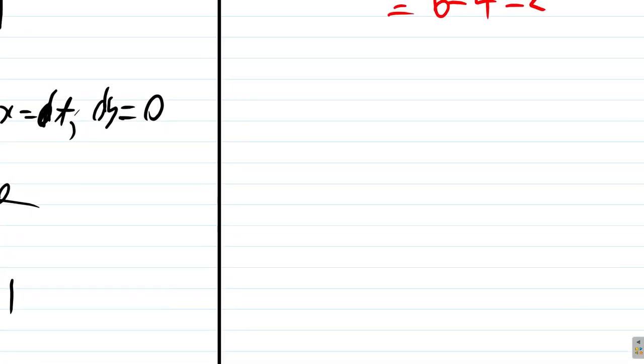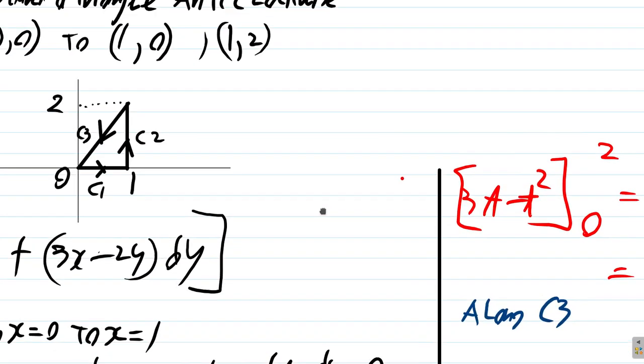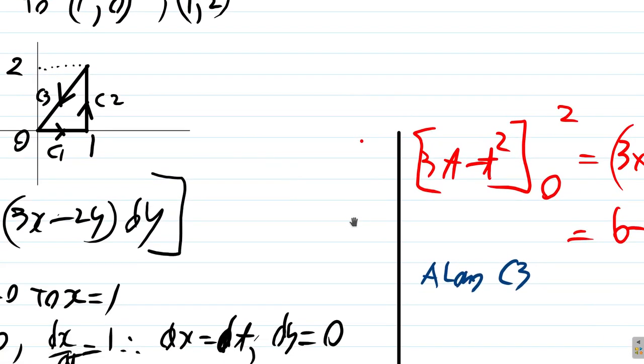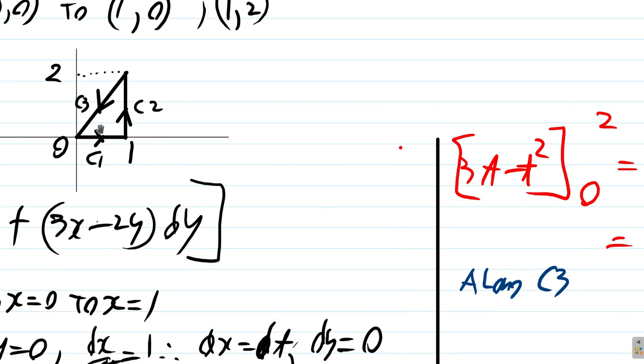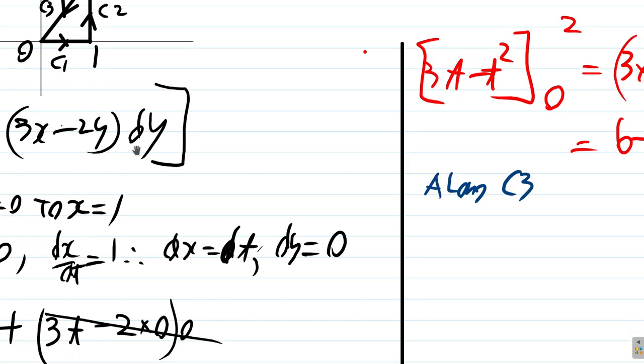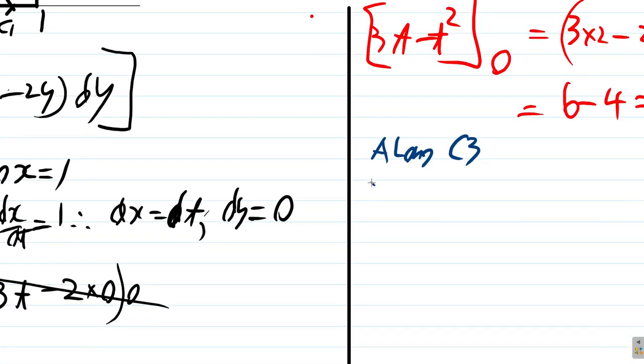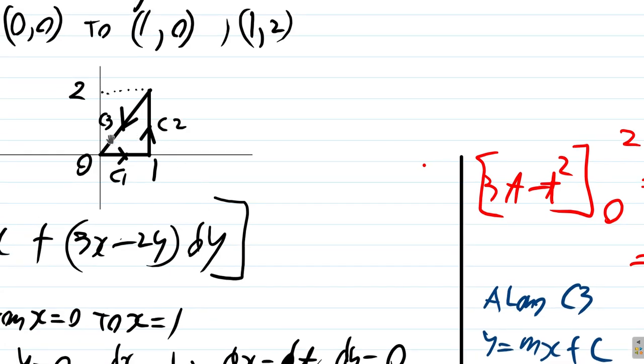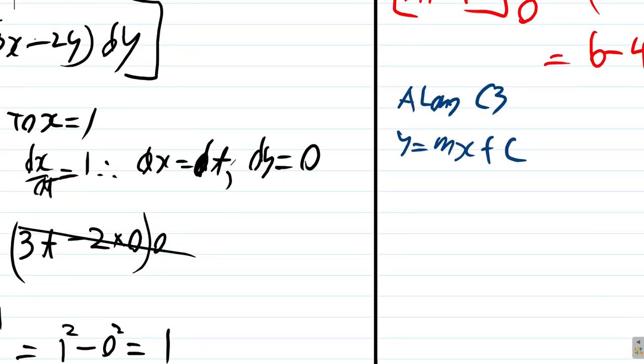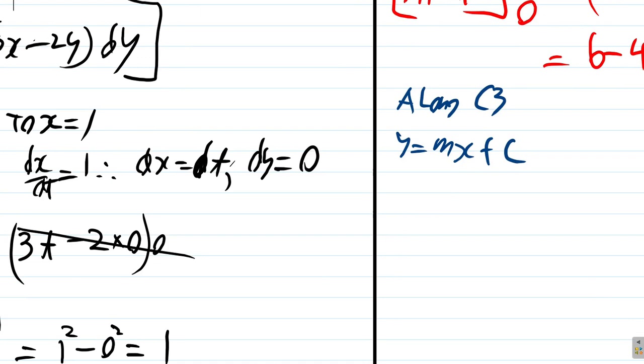Now, what we want to do is go along C3. What would be the equation of that line? Remember, the equation of a line is y equals mx plus c. c is the y-intercept, and c is 0, so there's no value here for c.